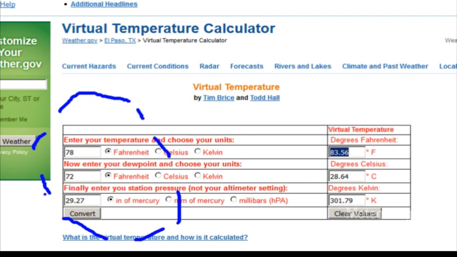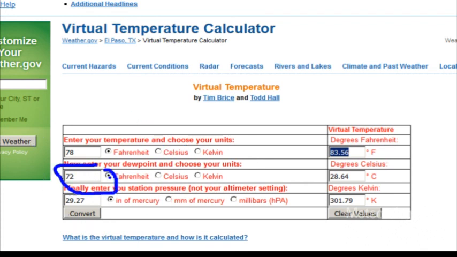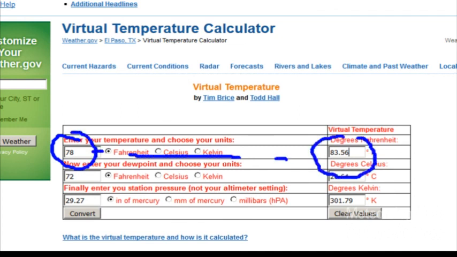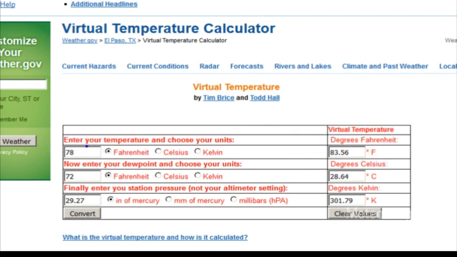Because of the contribution of this water vapor, the gas is actually pretty light there in Austin. So we would have to heat up a dry parcel to 84 degrees to drop the density down and make it just as dense as what we have in this moist sample.